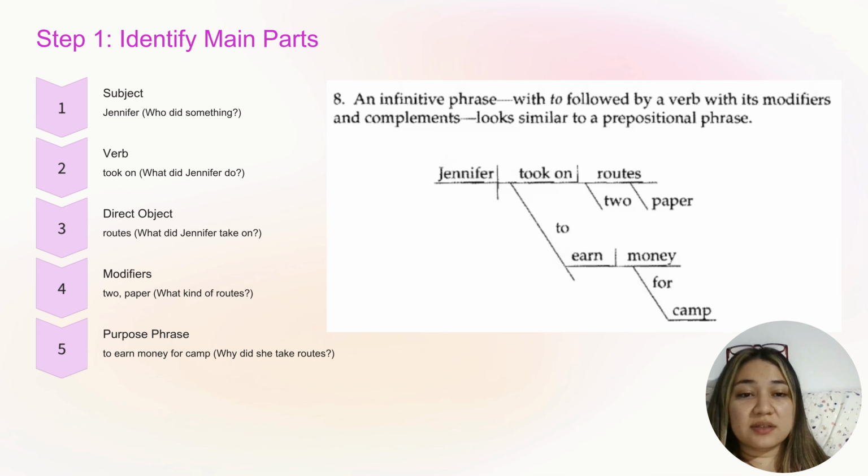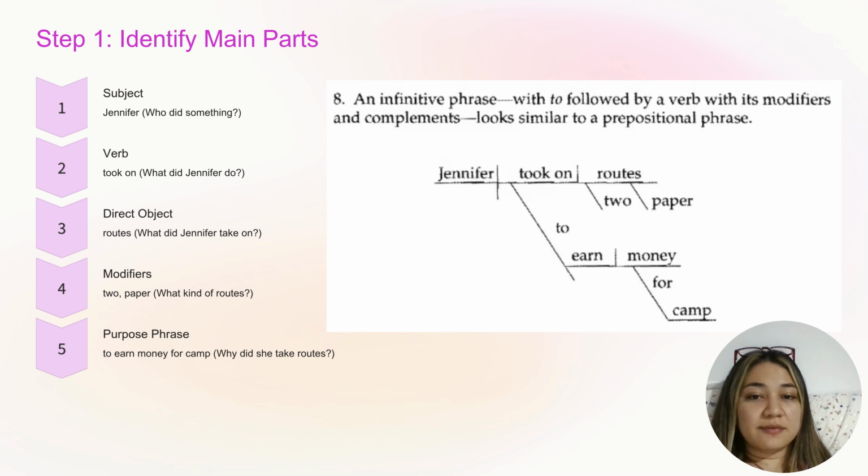In a horizontal line, we show the subject, verb, and object. The subject is Jennifer, who did something. Jennifer is the subject, and we have the verb, which you can find by asking what the subject did. In this case, the subject is Jennifer. So, what did Jennifer do?